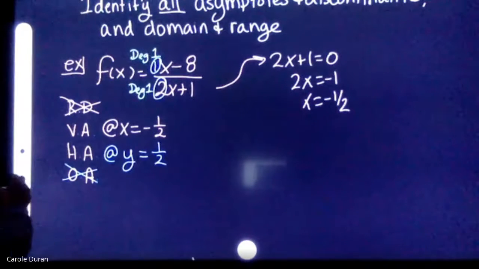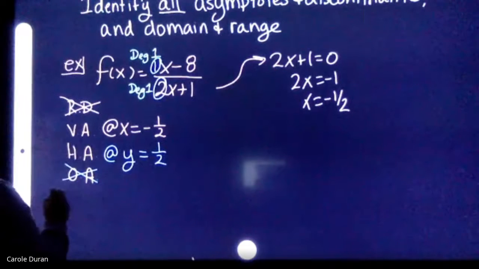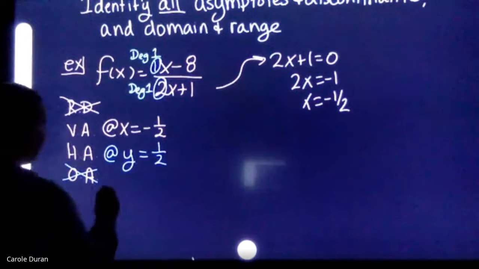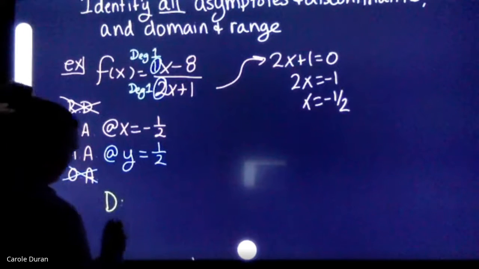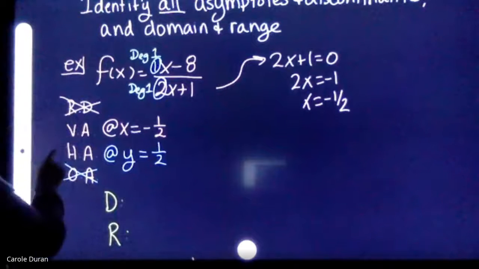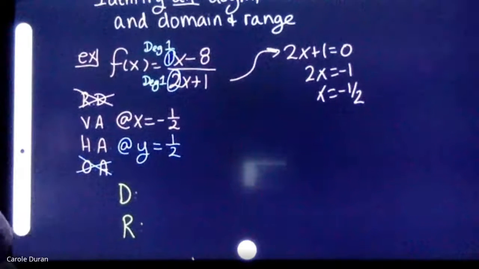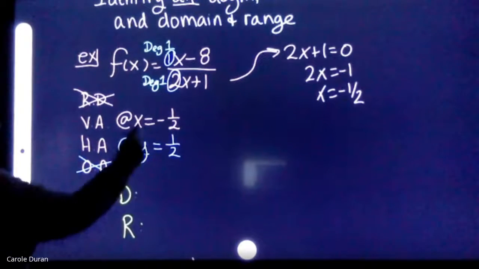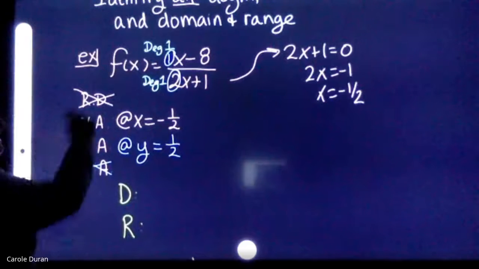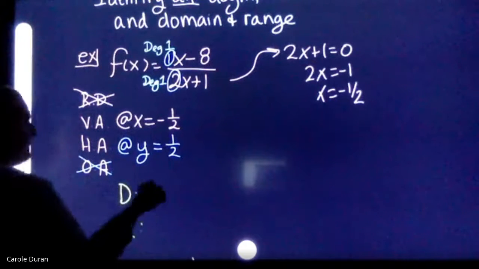The last thing I need to do is identify my domain and my range. Domain, again, we assume is negative infinity to infinity, except for our removable discontinuities and our vertical asymptotes. I only had a vertical asymptote, and I didn't have a removable discontinuity.